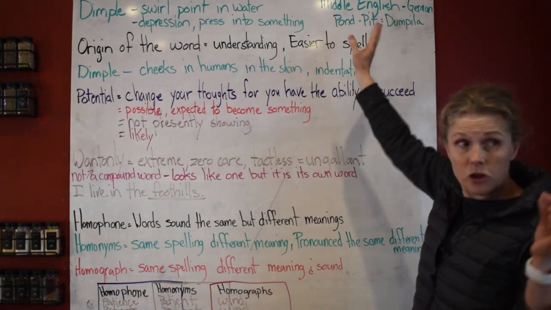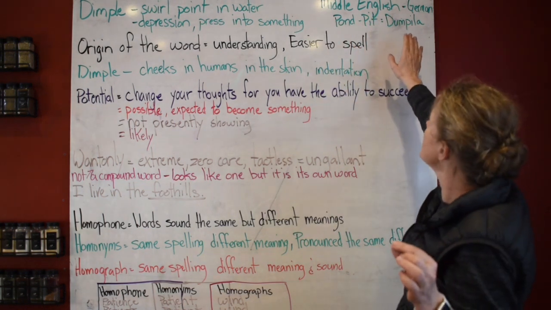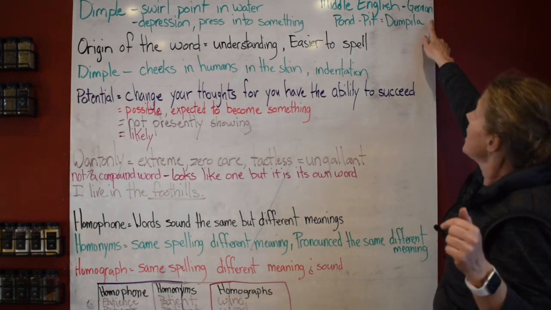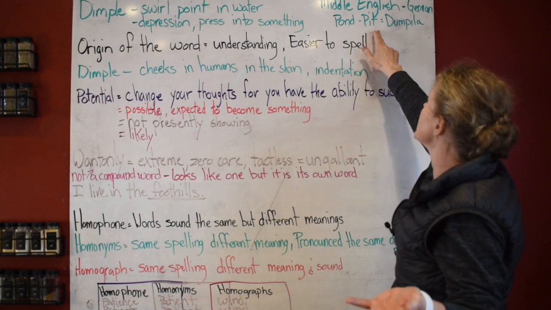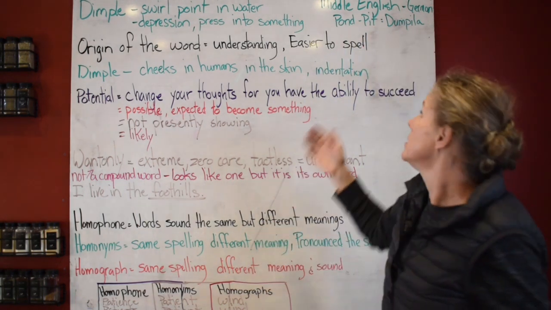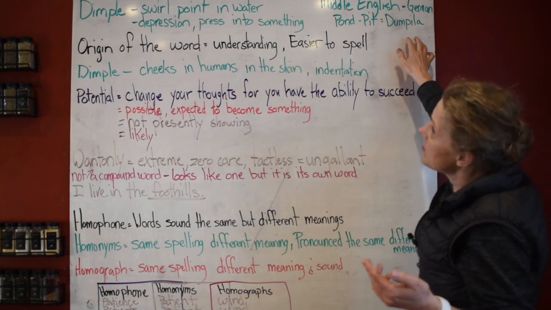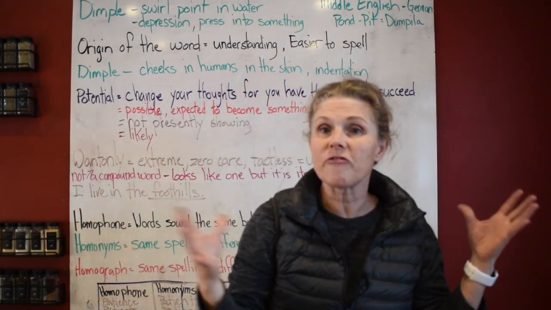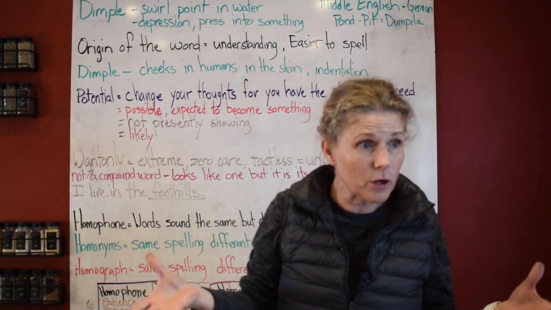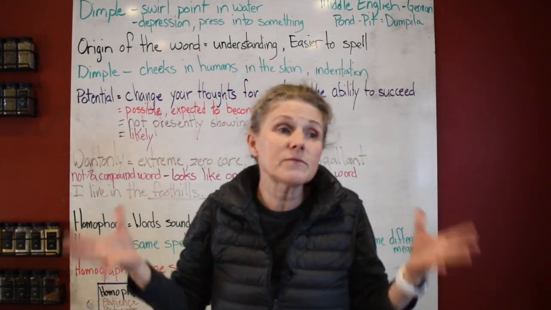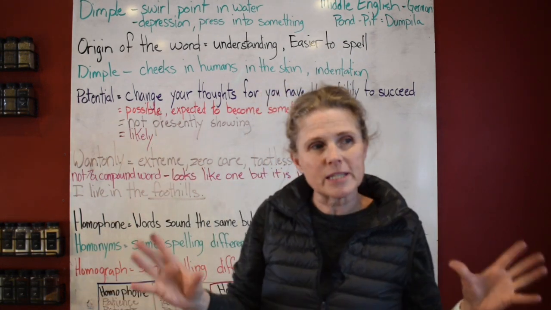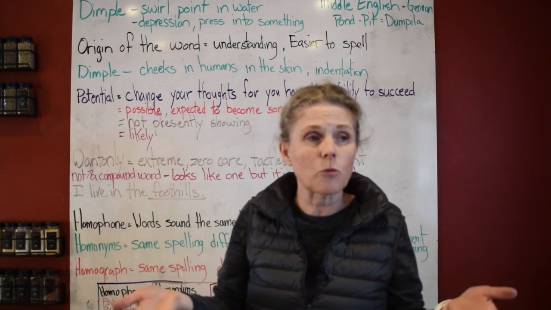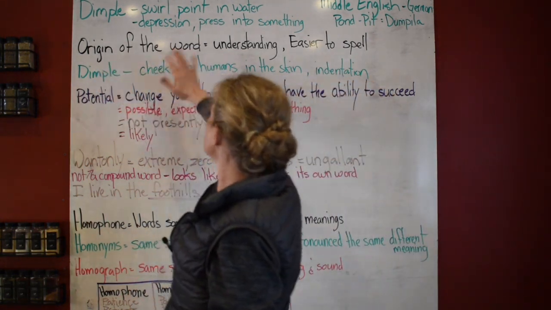Now, if we look back into its origin, it's Middle English. It comes from the German language, which means pond or pit, and it's called dumpela. If you can have fun studying the origin of words, and we all don't have tons of time for that, but if you're not understanding the full definition of a word, go to the origin of the word.